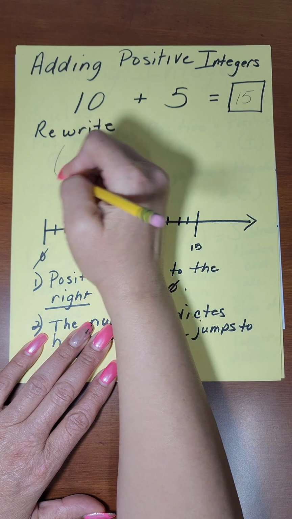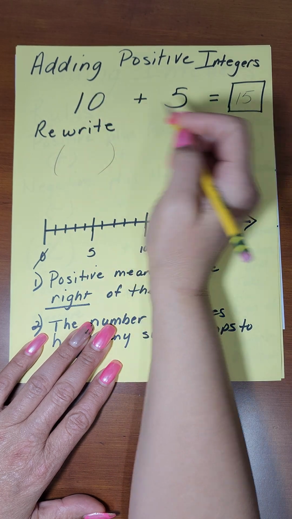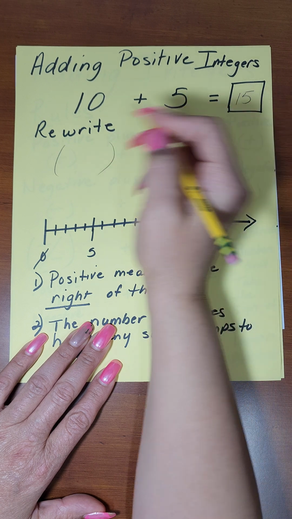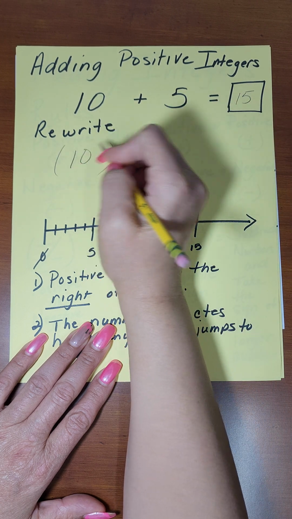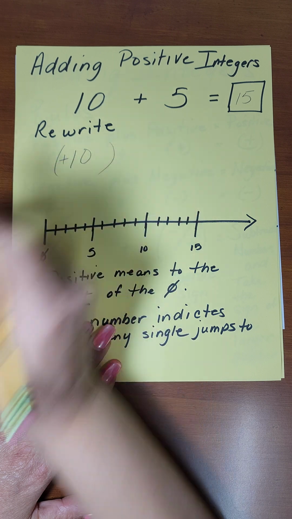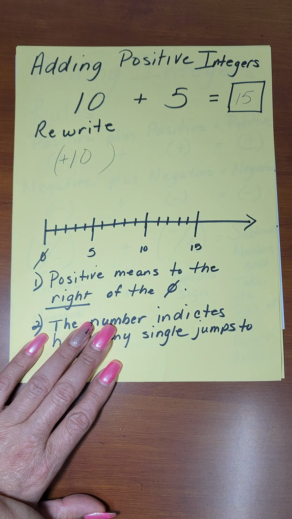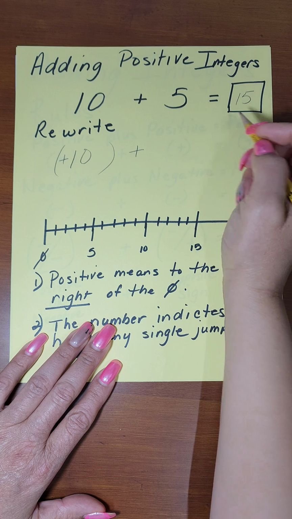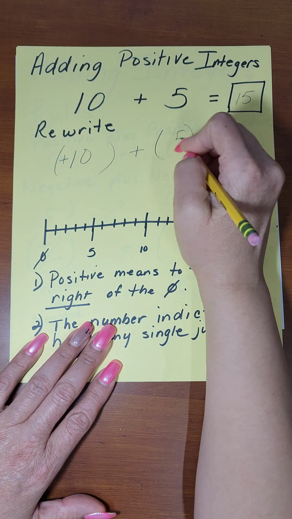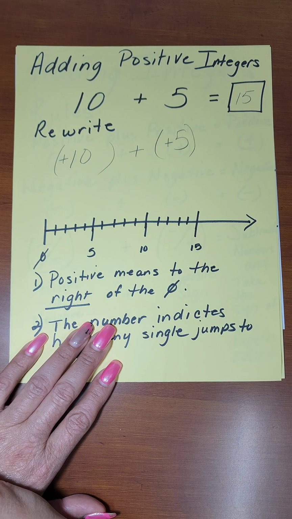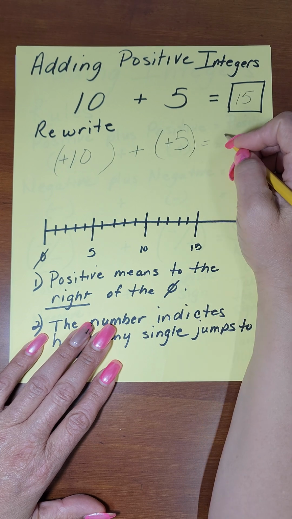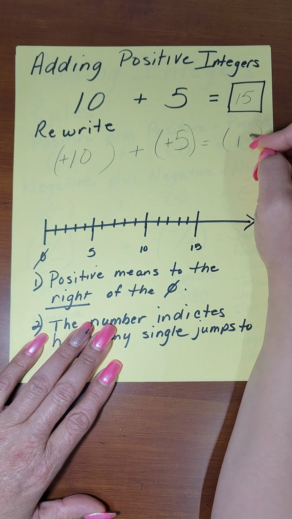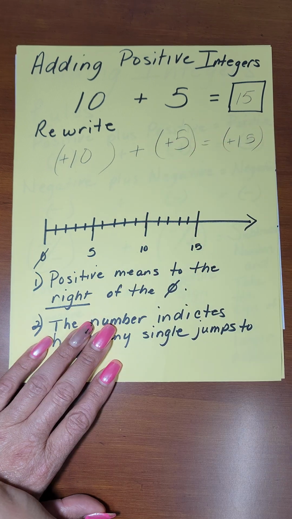So I put each one in parentheses. I have a 10, but we know that it's a positive 10, so I put the positive sign. We are adding. And then this 5 is a positive 5, which means that this 15 is a positive 15.